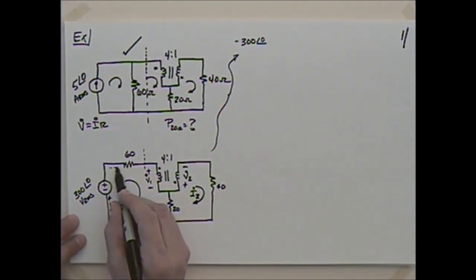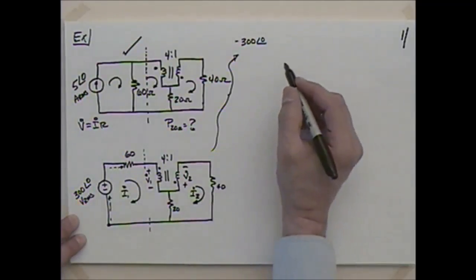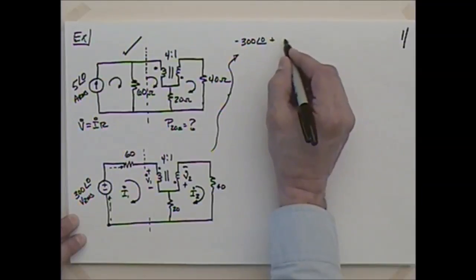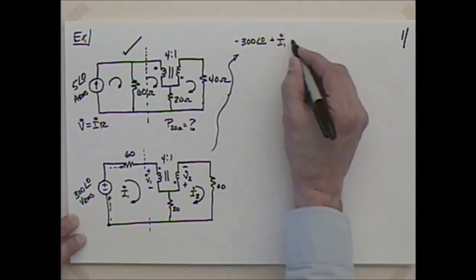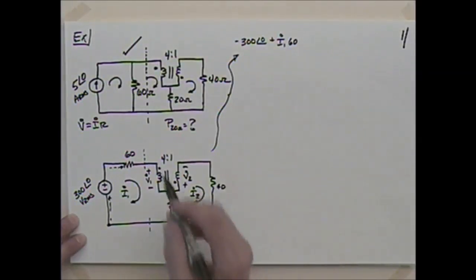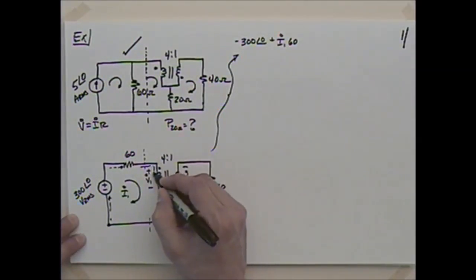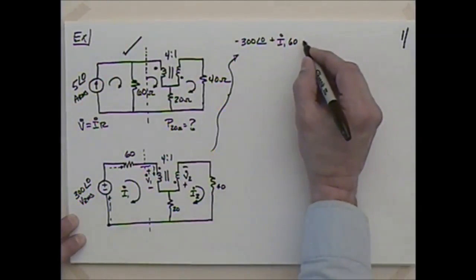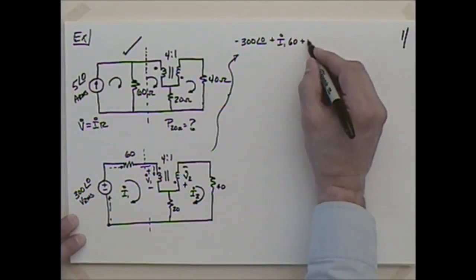And then I'm going to go through this one, and I'm going to have a drop of plus I1 times 60. And then as I turn and I go back through this one, I said this voltage here is going to include not only the self-inductance, but the mutual inductance part. So really all I have to do is think about going from positive to negative. Positive to negative would be a drop. So I'm going to say that that is plus V1.